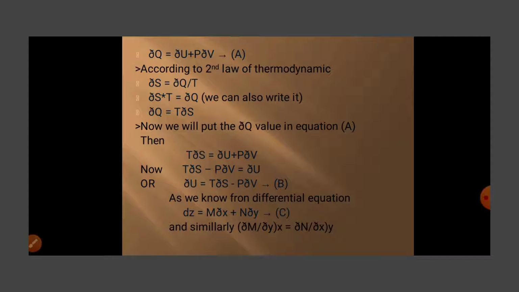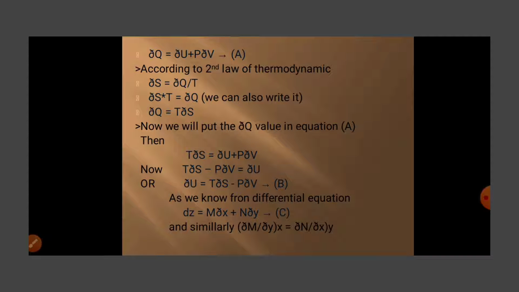We can write it as equation A. According to the second law of thermodynamics, the mathematical form is dS equals dq over T. Here T is dividing dq, so if we move T to the left side, it will multiply. So dq equals T dS.